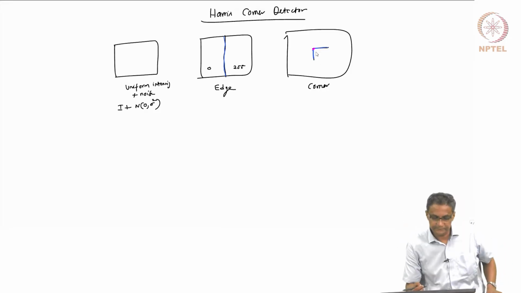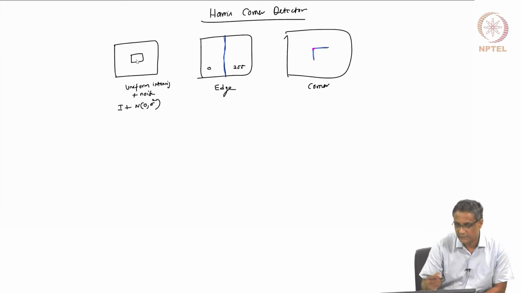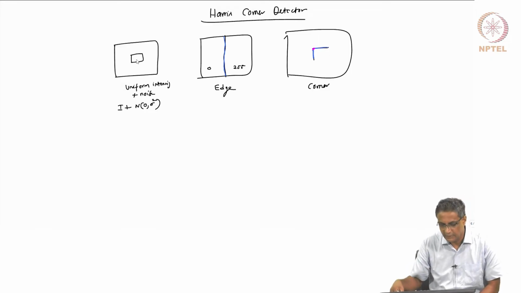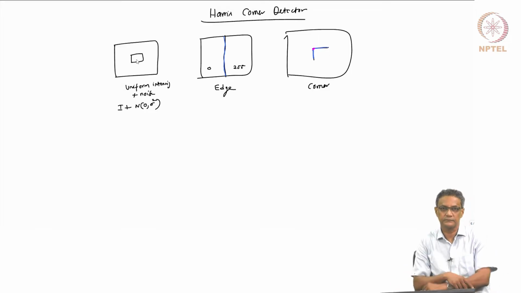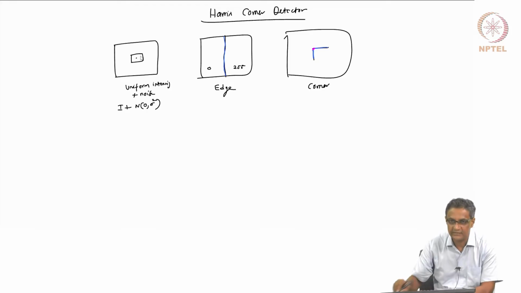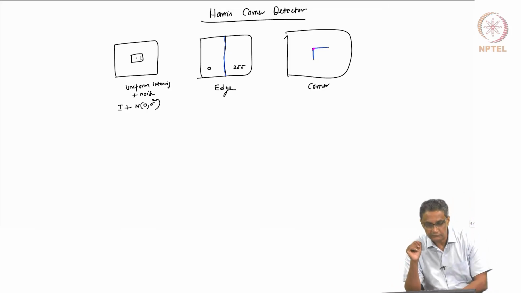Now, suppose I take a patch, some patch of some size which I decide. I take this patch and move around. Suppose I am at this location, let us call that some xi, yi, I am sitting there and I just move around. In terms of the gradients, what do you think will happen?